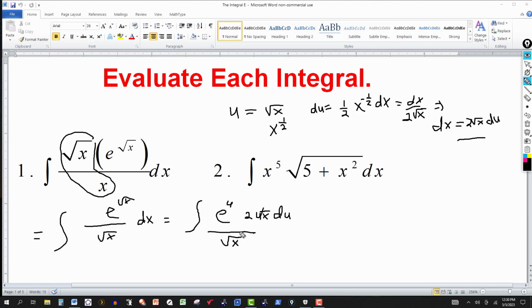So the square root of x cancels. So basically I just have 2 e to the u du. The integral of that, no problem. This will be 2 e to the u plus the constant of integration. And then we always go back to the original variable. So this will be 2 e to the u, and e to the u is replaced by the square root of x, plus the constant of integration. And that's the solution to the first one.